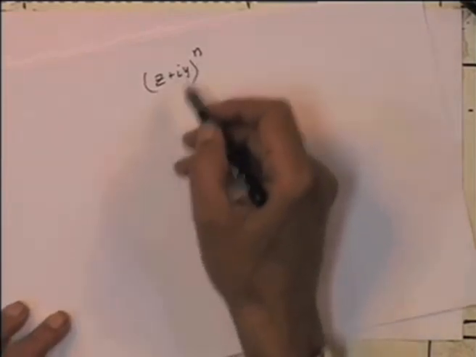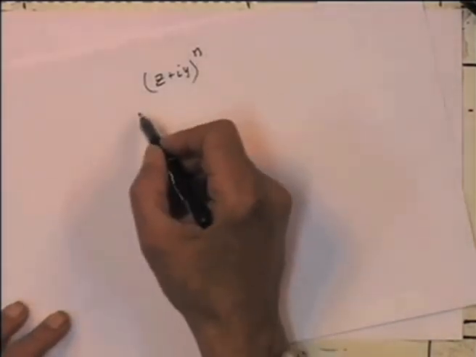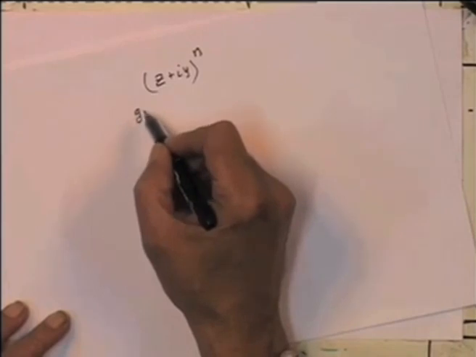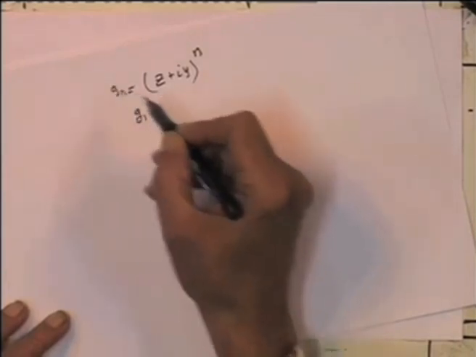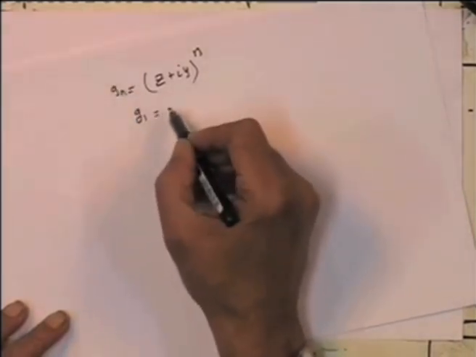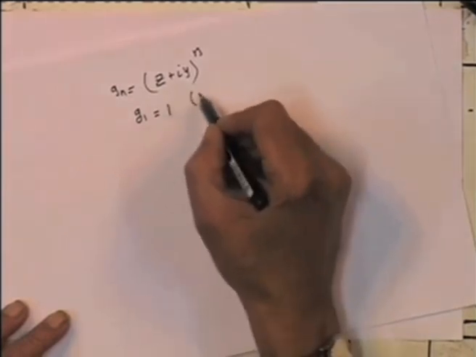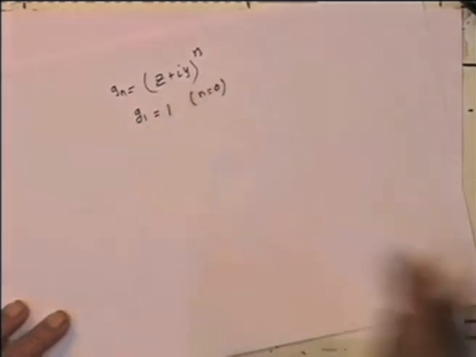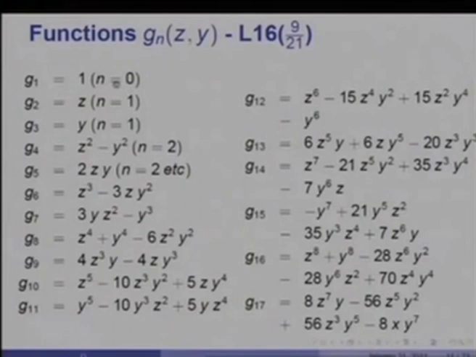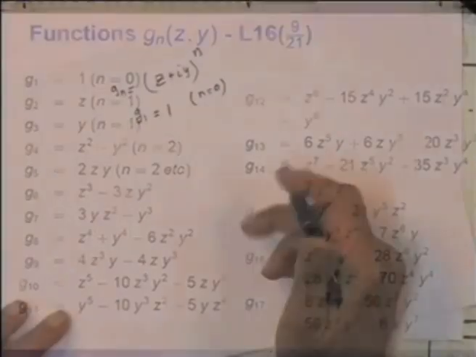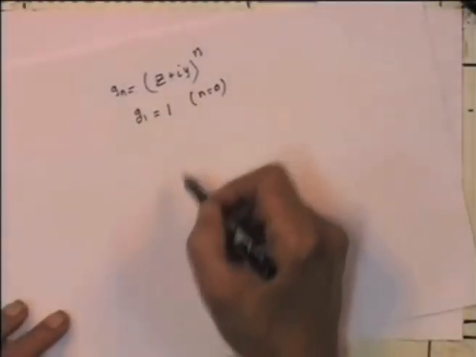So, if I take n equal to 0, I would simply get g_1 equal to simply 1, and that is for n equal to 0. As you can see here, there is no imaginary part nor a real part, and therefore, g_1 would simply equal to 1.